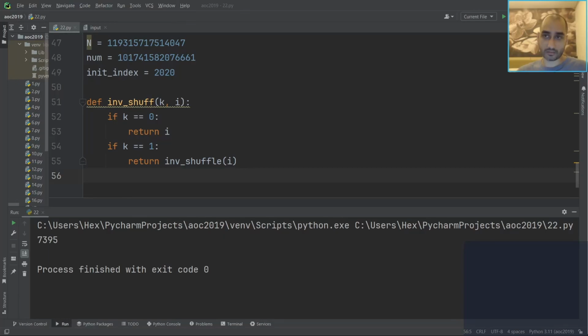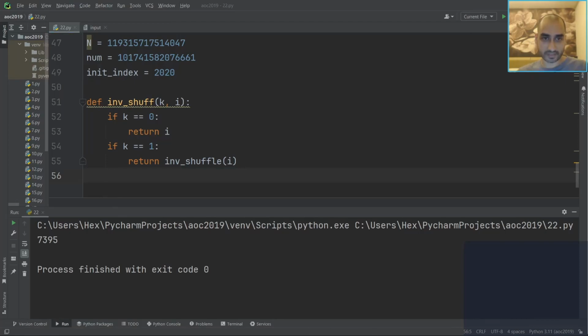Exponentiation by squaring. That's the key here.